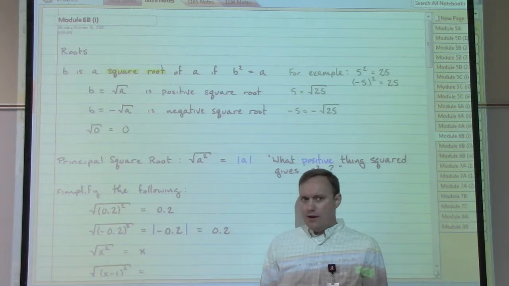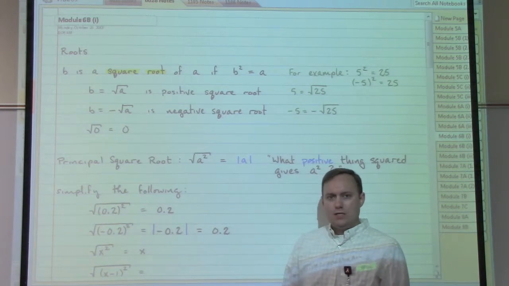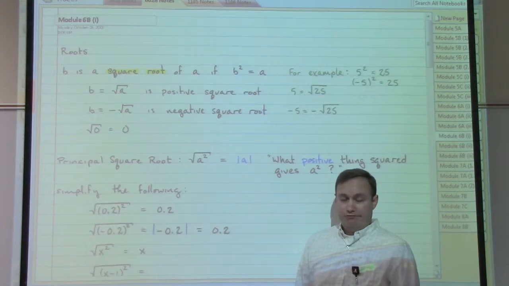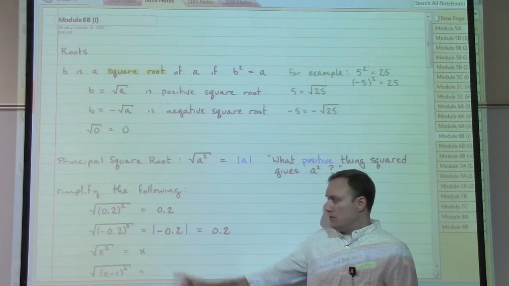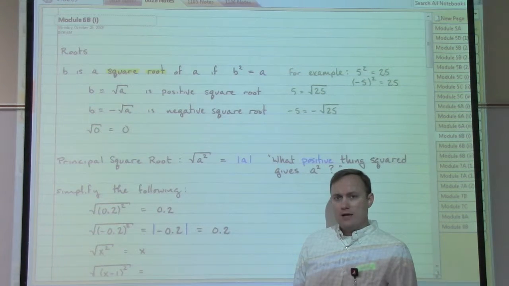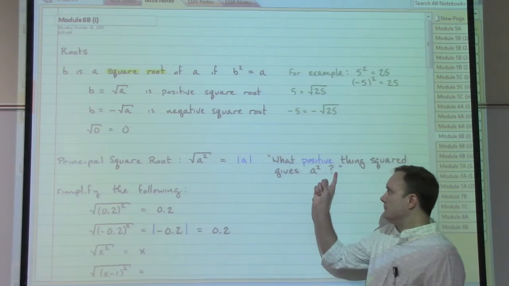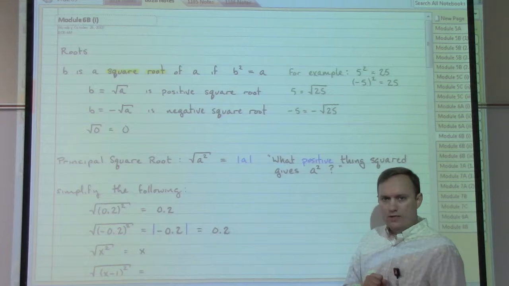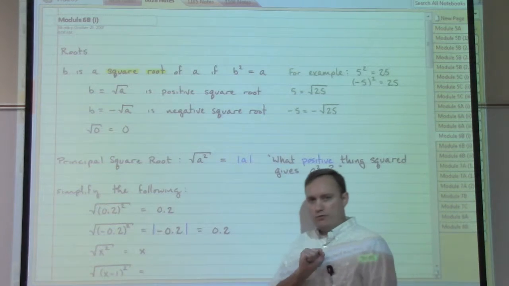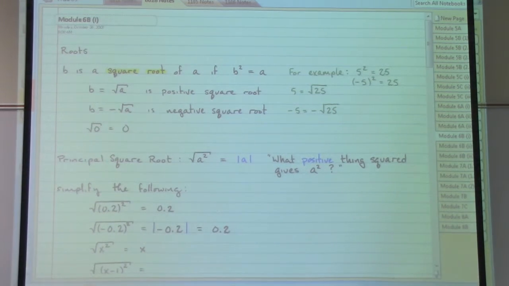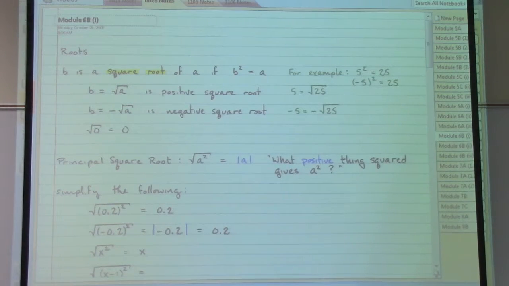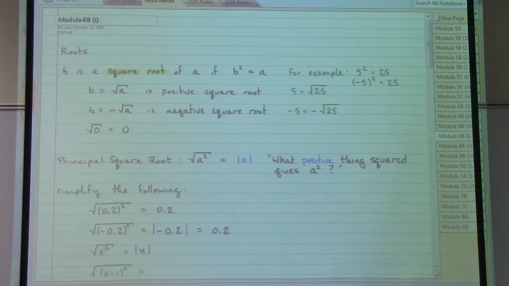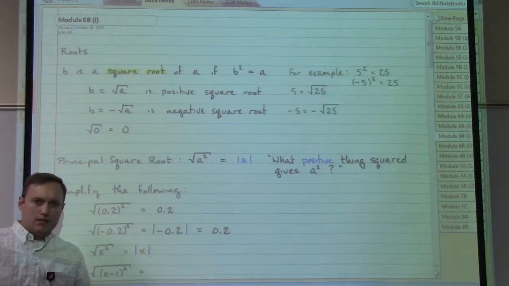Sure, there are infinitely many negative choices that could be made for x. So this answer is not guaranteed to be a positive answer, but that's what we need. If that answer alone is not good enough, then the absolute value bars will force this x into being a positive thing. Sadly, for the moment, that's the best that we can do.